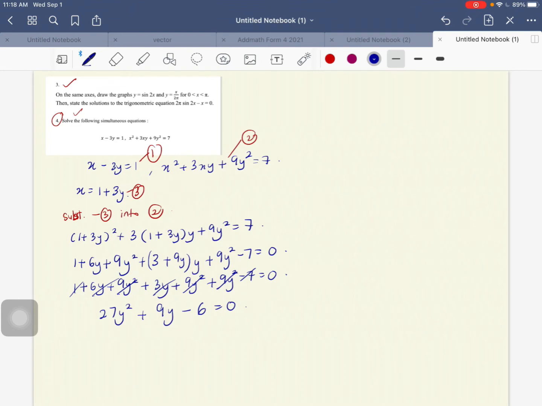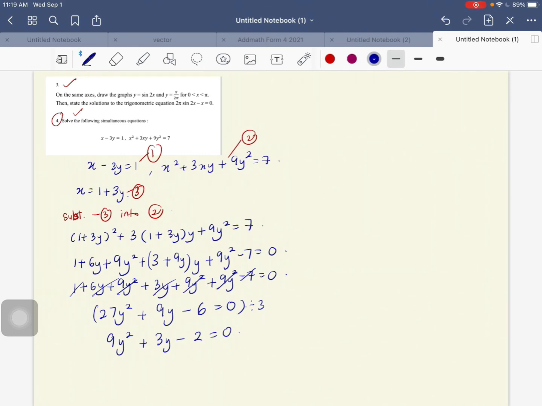From this equation we can simplify by dividing it by 3, and it becomes 9y squared plus 3y minus 2 equals 0. At this level, we can solve it either by factorizing or by using the quadratic formula.